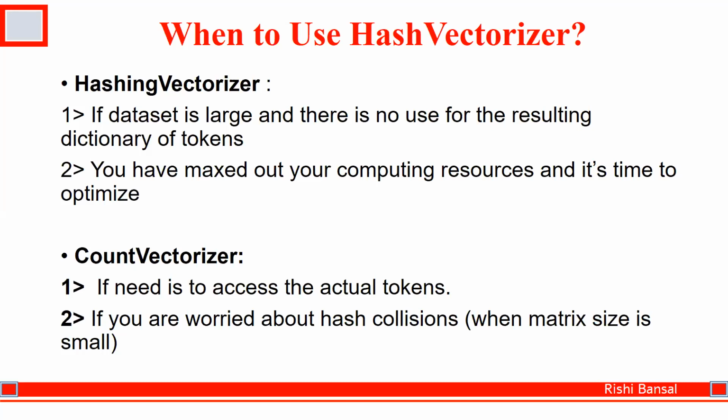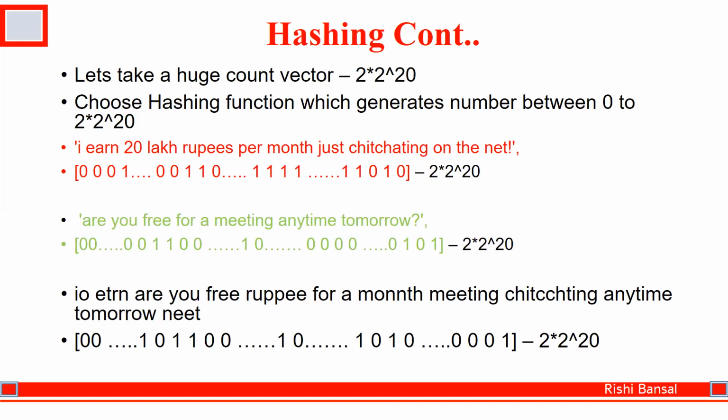Or if you are worried about hash collisions. Yes, one thing in hashing is hash collision. As I explained earlier, suppose the hash number for rupees comes out to be 20. There may be a chance that another word also comes out to be 20 in hashing.